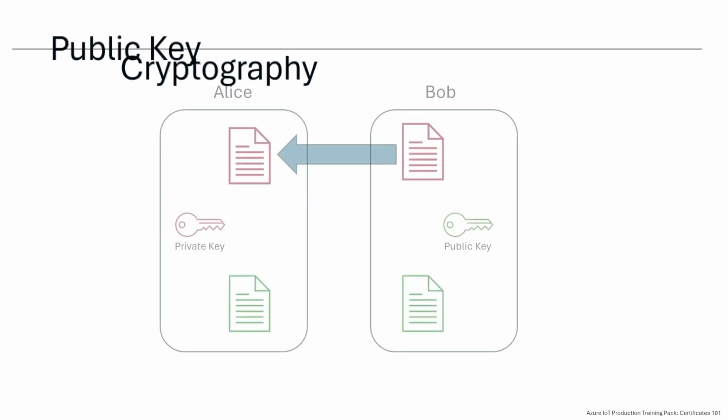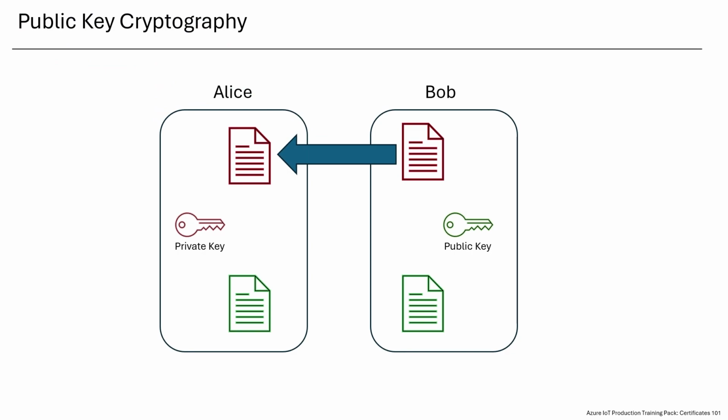As an example, let's look at Alice and Bob. Those names are commonly used in examples around cryptography. Bob wishes to send Alice a confidential message, in this case the word hello. Because Alice has made her public key available, Bob is able to use it to take his message and encrypt it.